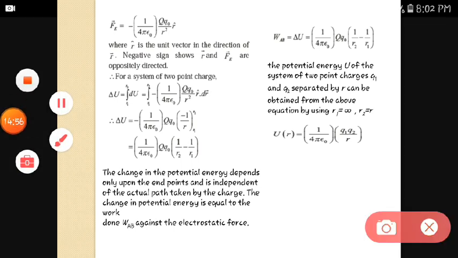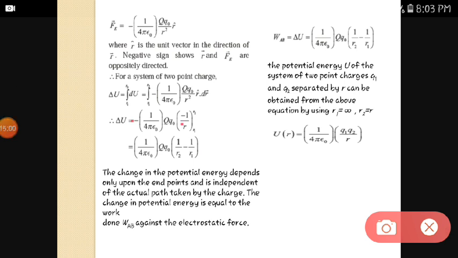Before doing that, the minus and minus cancel each other, and we get a positive term. So delta U is 1 by 4 pi epsilon 0, Q0, into 1 divided by R2 minus 1 by R1.